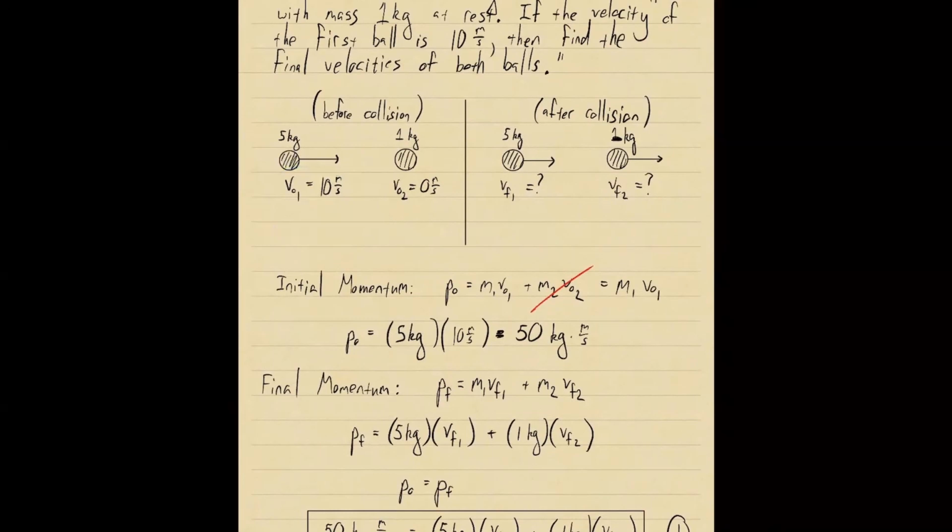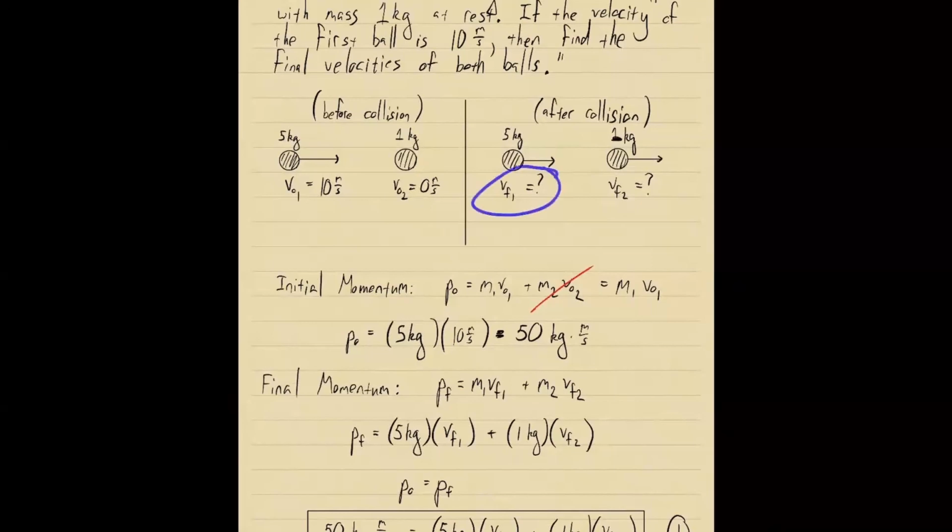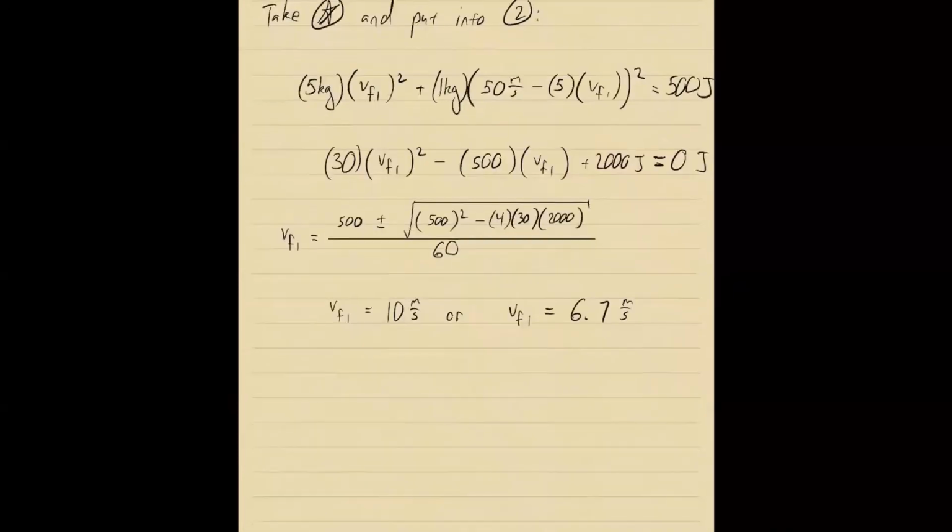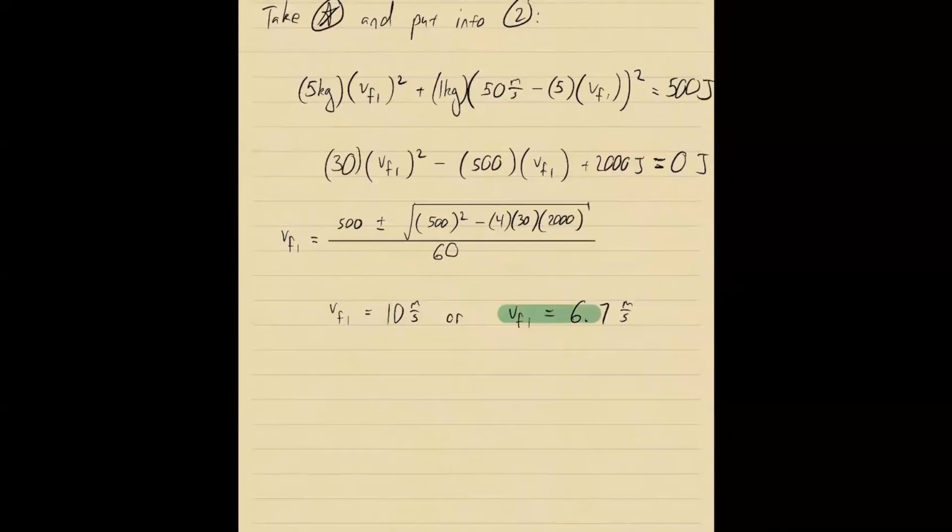So it doesn't make any sense for the velocity of the first ball to remain unchanged after it collides with the second ball. We expect this thing to be either going faster or slower, but definitely not staying the same. So in this case, the correct answer is using the minus sign, which gives the final velocity of the first ball to be 6.7 meters per second.